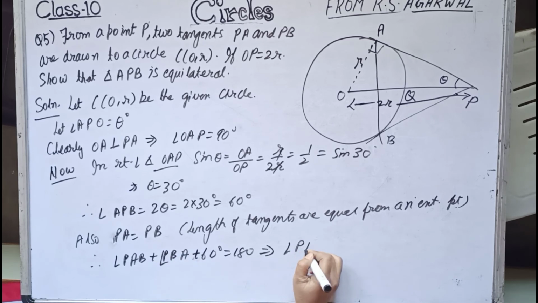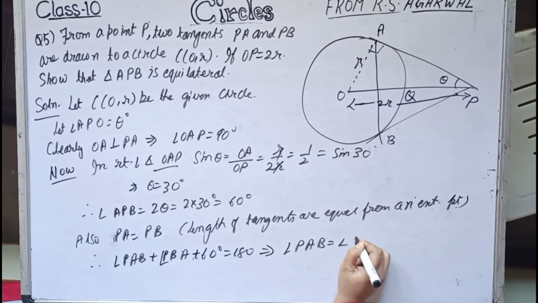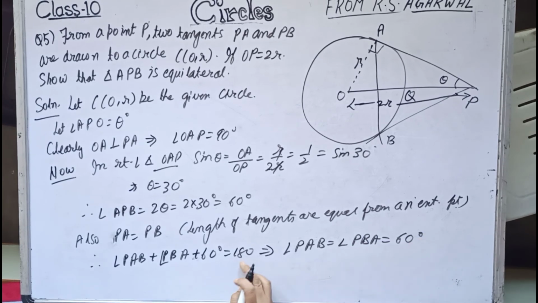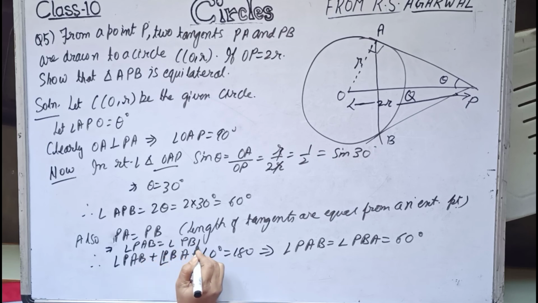This calculation you can show over here, that this plus this equals to 120 degree, but this equals to this, because PA equals to PB, therefore angle PAB is equals to angle PBA. This implies angle PAB equals to angle PBA. Make it equation number 1.